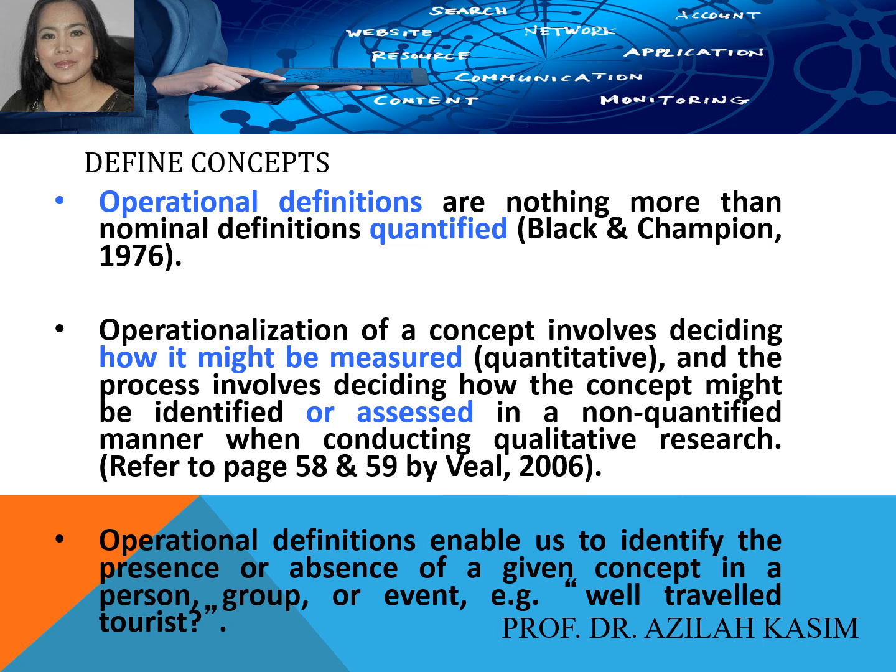Maybe in your operational definition, you say well-traveled tourists are tourists who have traveled more than 3 times in the last year, for example. That's how you give measurement to the abstract concept of well-traveled. I hope you understand that. Okay.